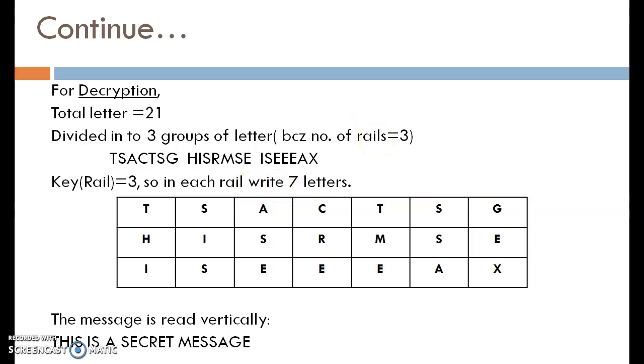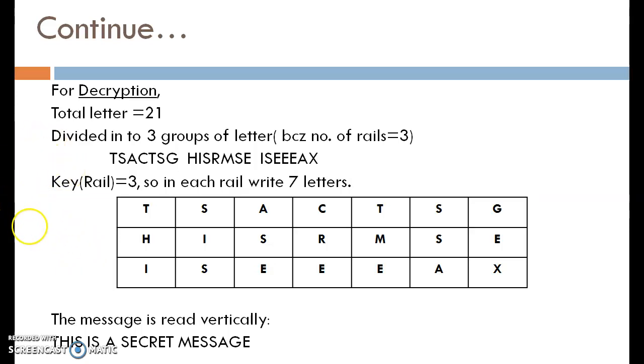Now for decryption, we write the ciphertext message horizontally like this. The first group we write horizontally, TSACTSG. Then the second group, written horizontally, HISRMSE, and so on. Now after writing the ciphertext message horizontally, then read it vertically. It's like a reverse process of the encryption.